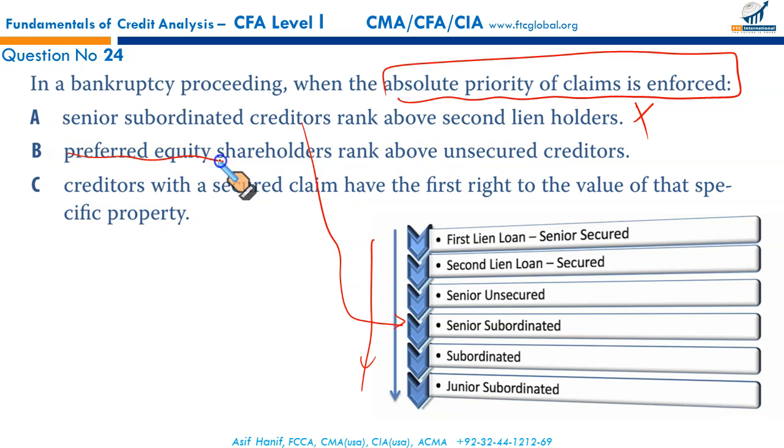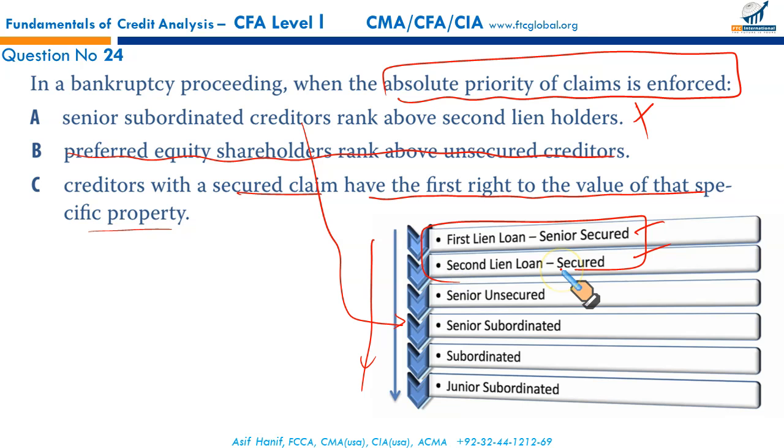Preferred equity is totally out of the question. It is not in these arrangements here. Creditors with a secured claim have the first right to the value of that specific property. Now that makes perfect sense. In bankruptcy proceedings, when the absolute priority claim is enforced, creditors with a secured claim have the first right to the value of that specific property.